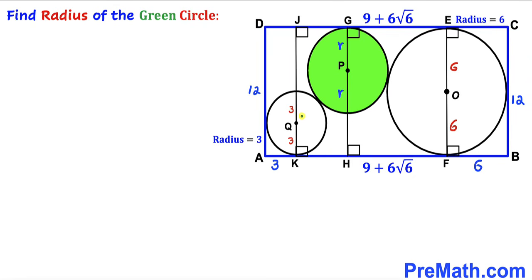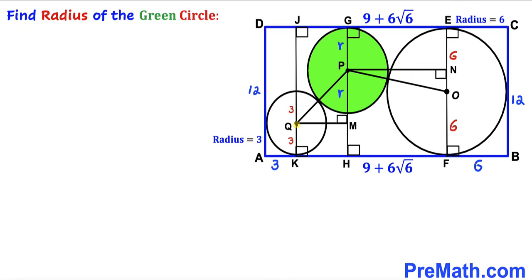And in this next step, I am going to connect this center Q with this center P, as you can see in this next step. And in this next step, I have dropped this perpendicular MQ on this side GH. And likewise, I have connected these centers O and P as well, and dropped a perpendicular NP as well, as you can see.